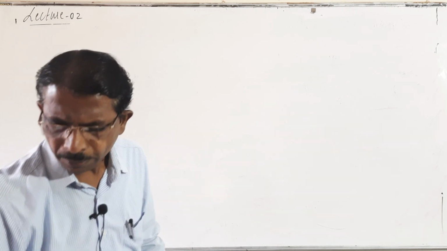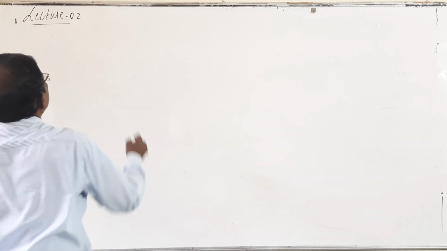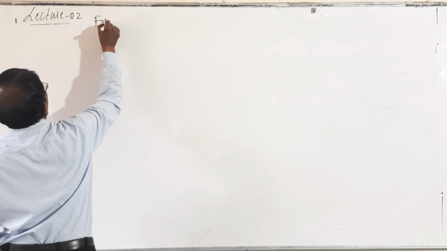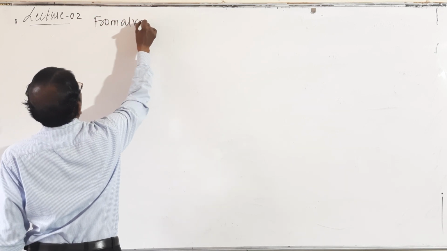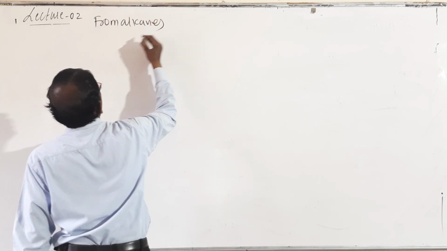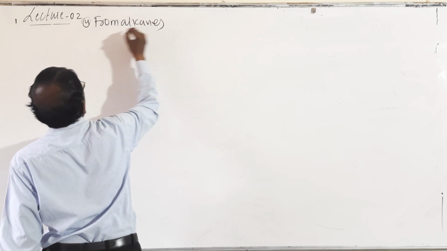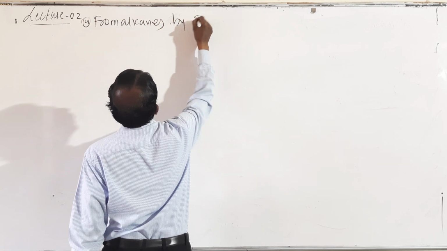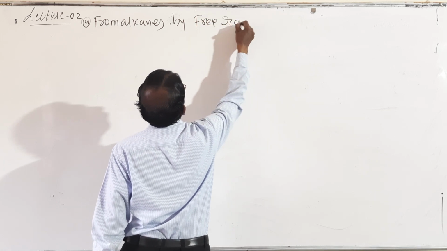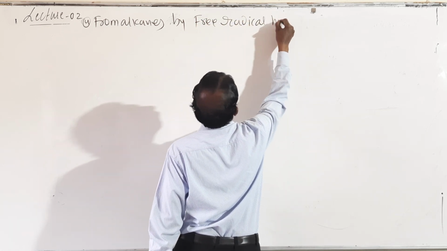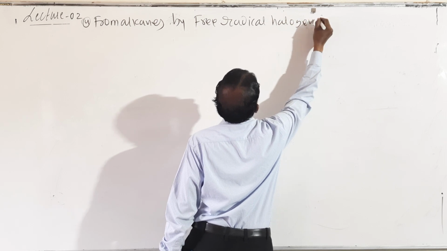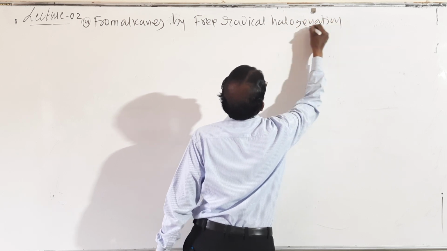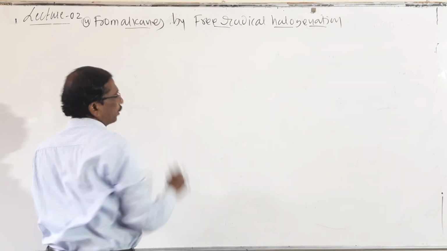Look here, next one that is from alkanes. Alkanes by free radical halogenation.